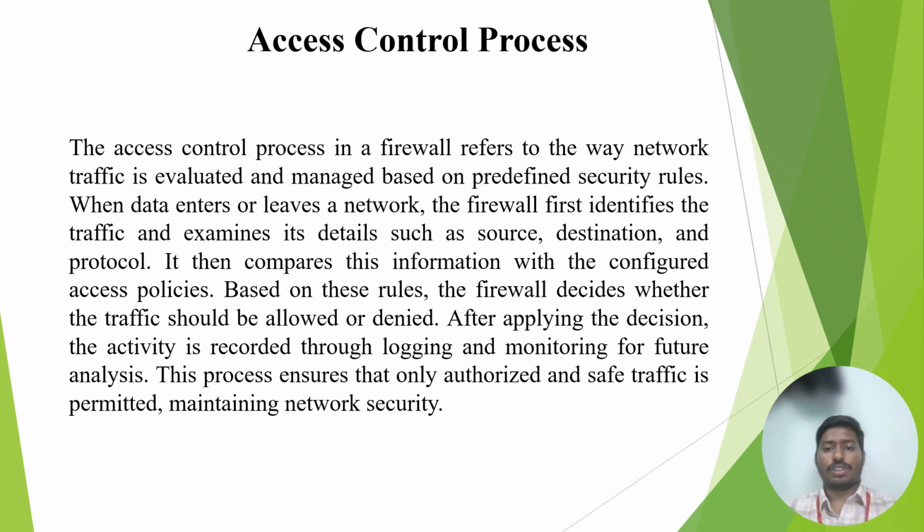Based on these rules, the firewall decides whether the traffic should be allowed or denied. After applying the decision, the activity is recorded through logging and monitoring for future analysis. This process ensures that only authorized and safe traffic is permitted, maintaining network security.